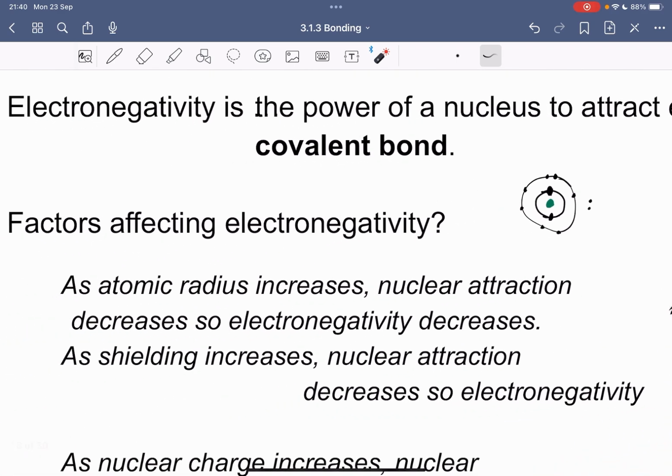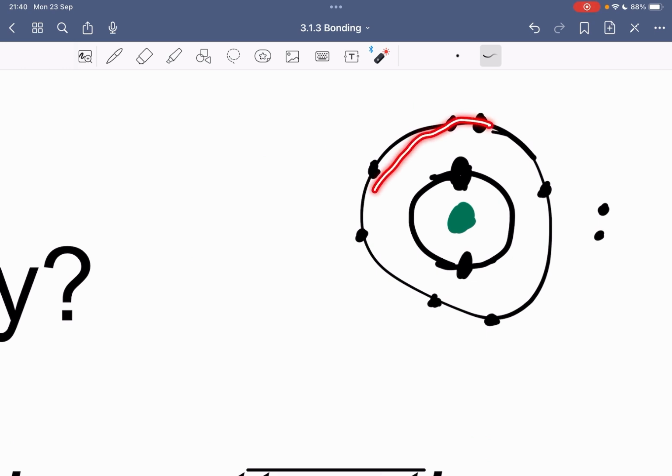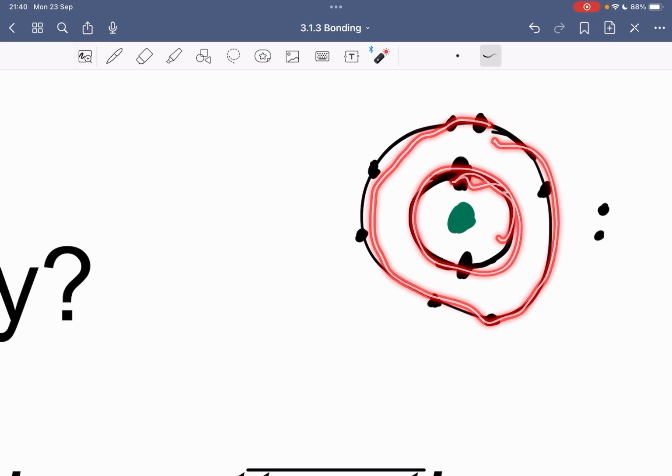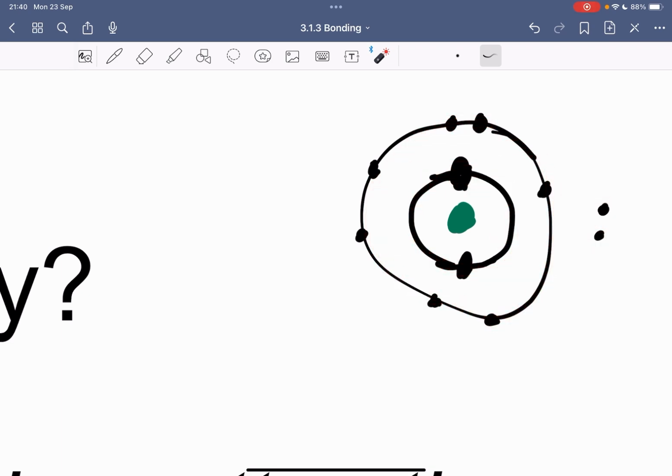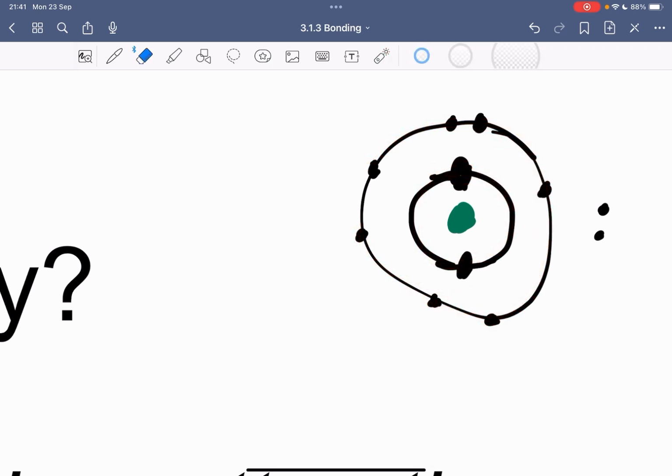Another thing is shielding. So here, all these electrons here and here repel these electrons. Okay? So the more electrons you have, essentially, the more repulsion you have. So here, we have one shell of repulsion and two shells of repulsion, right? So there's a strong repulsion force.